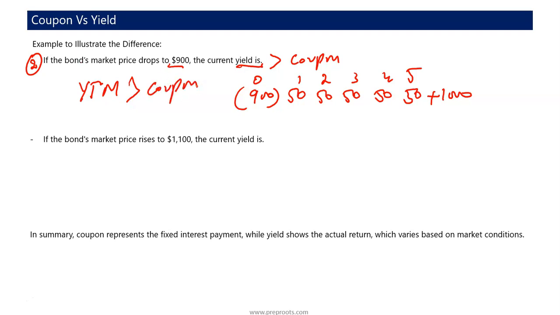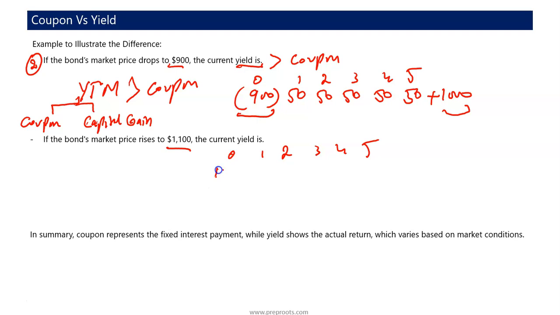Why is YTM higher? YTM has two parts. One is coupon, one is capital gain. So YTM would be higher. You are buying the bond cheaper, you are selling the bond at higher price. So YTM is higher.